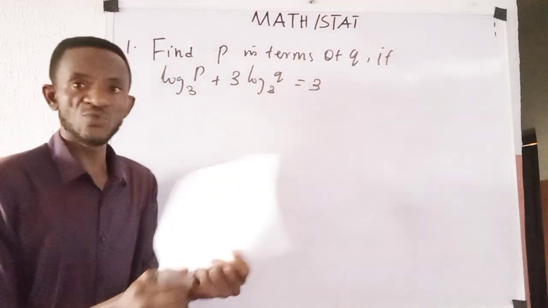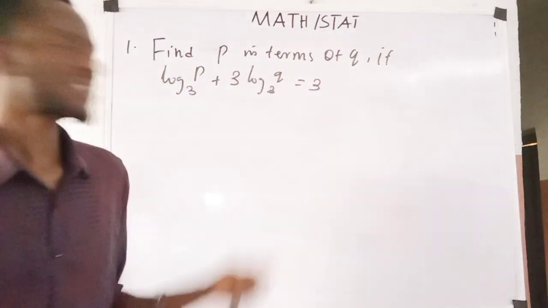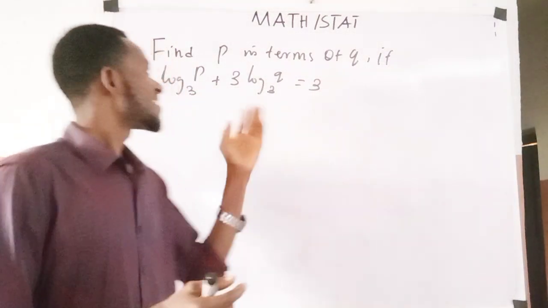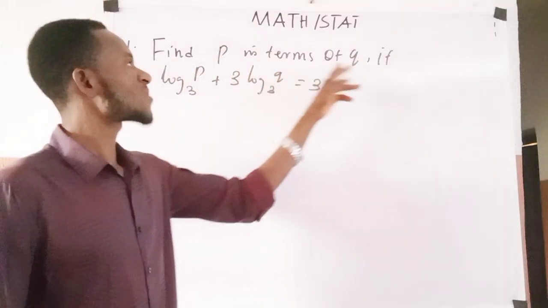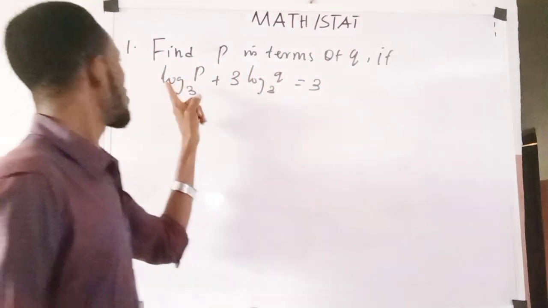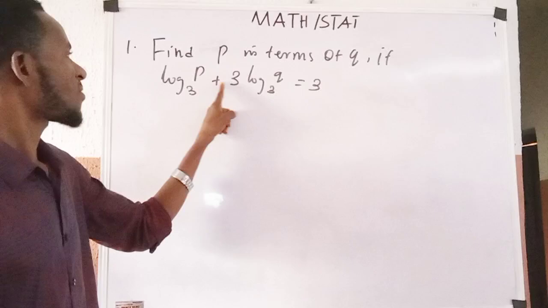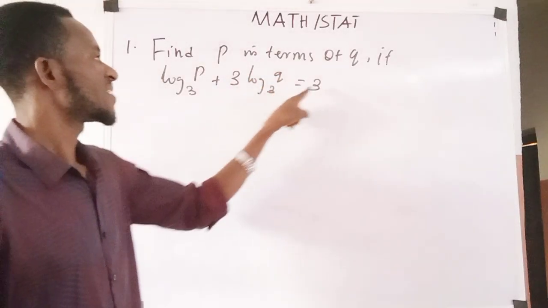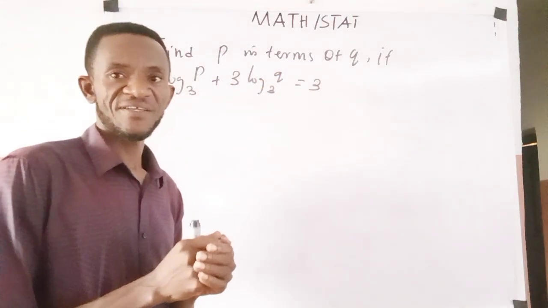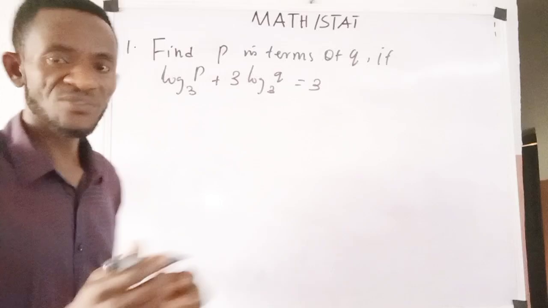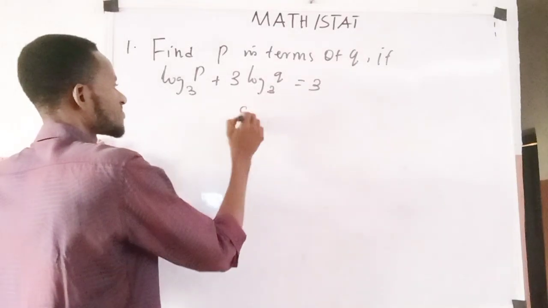That's what they ask us to do. It appears simple. They say find P in terms of Q if log P base 3 plus 3 log Q base 3 equals what? 3. We quickly go into it as a way of solution. We now say solution.